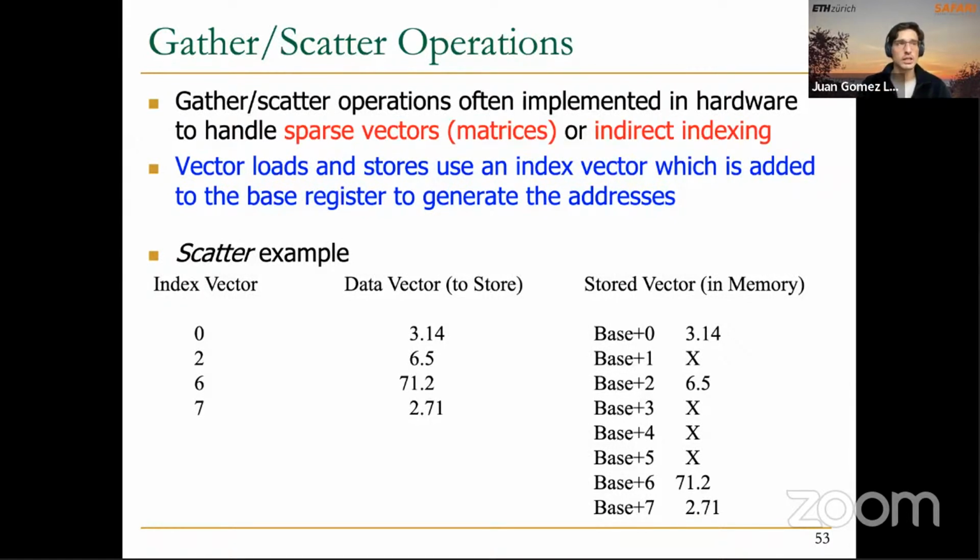We can change the vector length. And we also know how to access memory when we have irregular accesses, right? It was simpler when we had regular accesses with stride 1 or where the stride was fixed. But even if that's not the case, even if we have more complex access patterns that require indirect indexing, for example, there are also ways of doing it with gather and scatter operations.